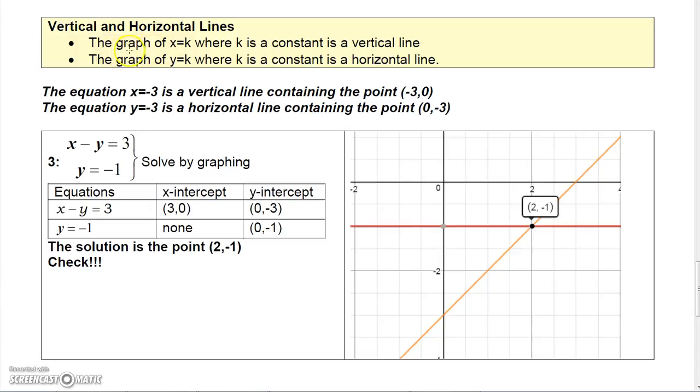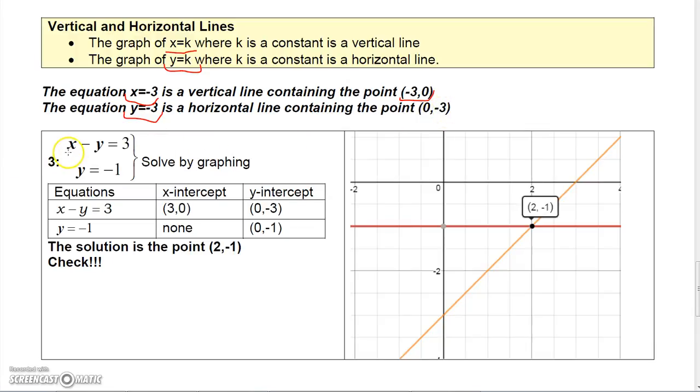Okay, let's talk about if you have to graph a line of the form x equal a constant. That's always going to be a vertical line, and a line of the form y equal a constant is always going to be a horizontal line. So, for instance, x equal negative 3 is a vertical line that contains the point (-3, 0), and y equal negative 3 is a horizontal line that contains the point (0, -3).